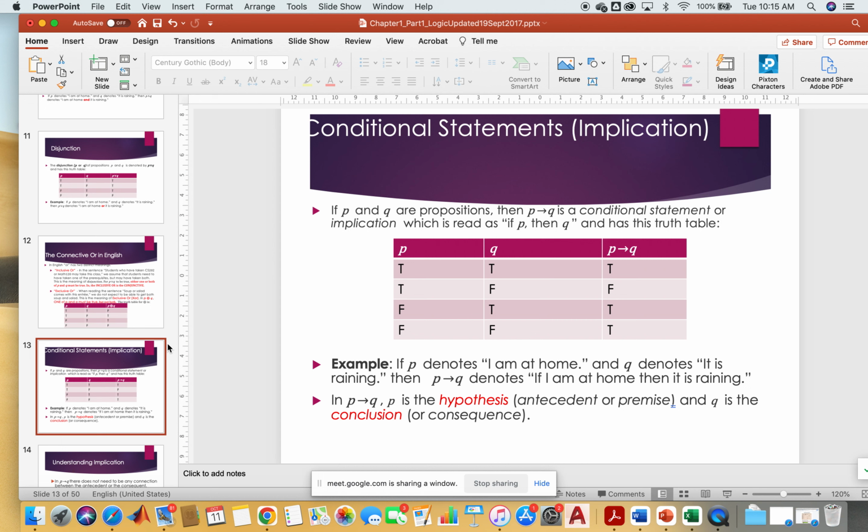So when you read this statement, can you imagine the truth table?